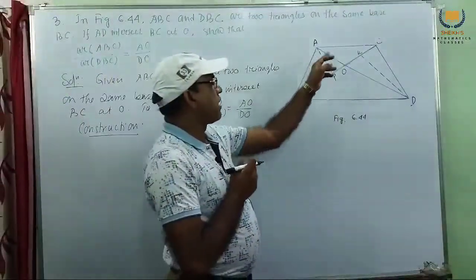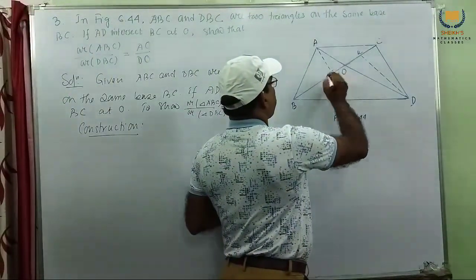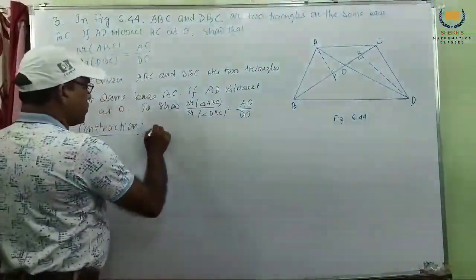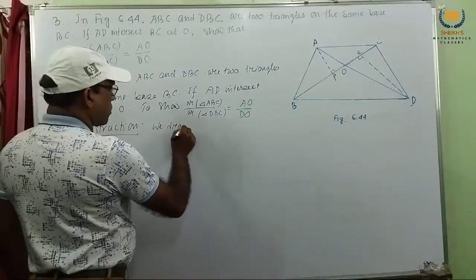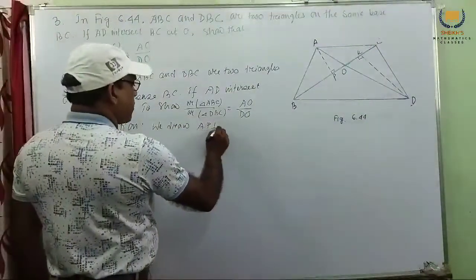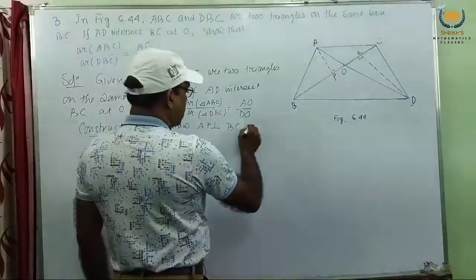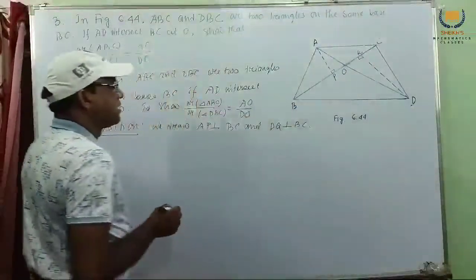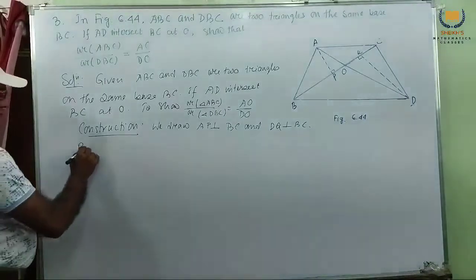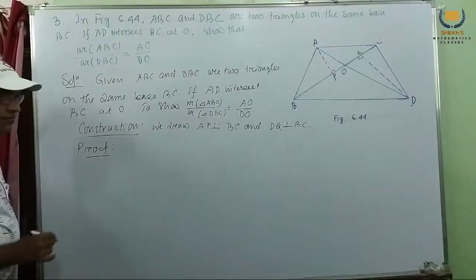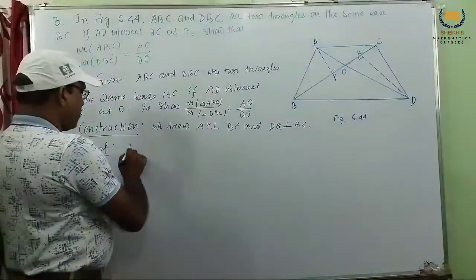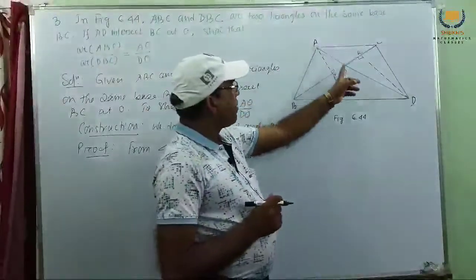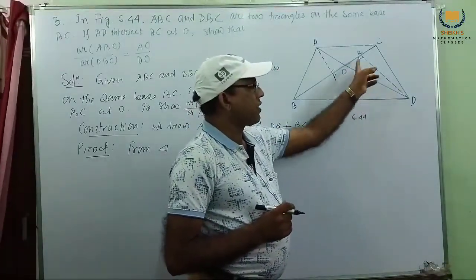We draw perpendiculars: AP perpendicular to BC and DQ perpendicular to BC. Now we consider the proof.